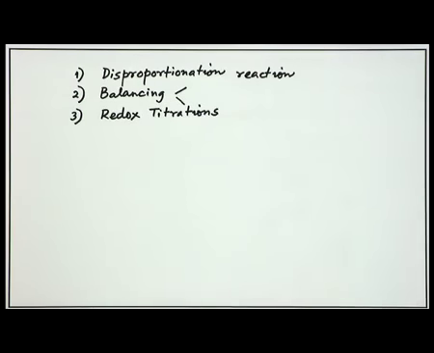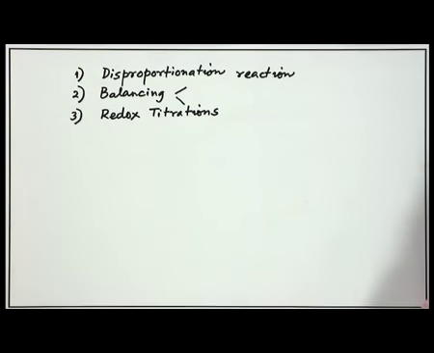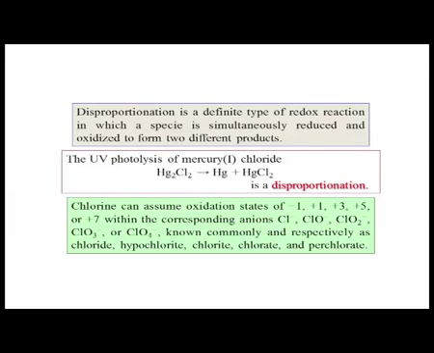So, the first thing we will be seeing today is the disproportionation reaction. A very simple and unique definition we can have for a typical disproportionation reaction is this: disproportionation is a definite type of redox reaction in which the species is simultaneously reduced and oxidized to form two different products.